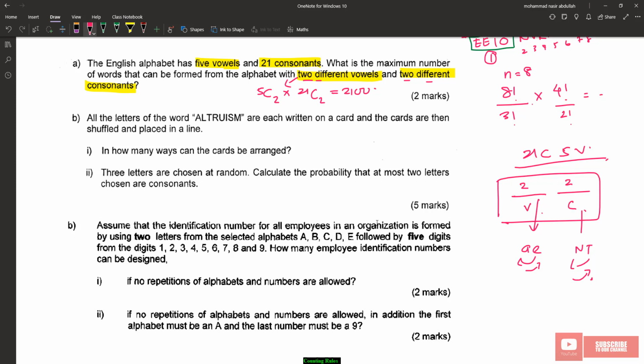So how many possible outcomes are there? 4 factorial, right? We have 4 letters, 4 factorial. The outcomes can change, wherever they want to sit. So now, it should become 5 choose 2, multiply with 21 choose 2, and multiply with, this is the first part, 4 factorial.